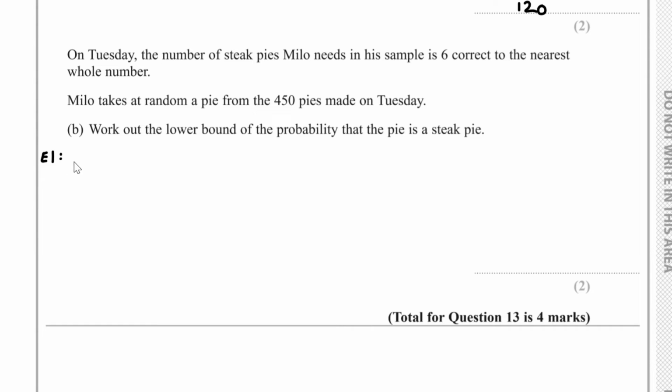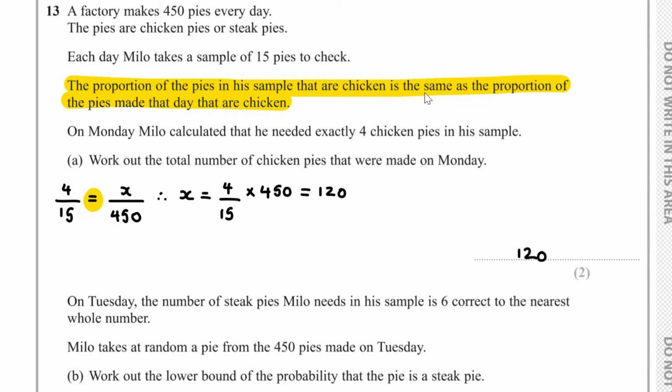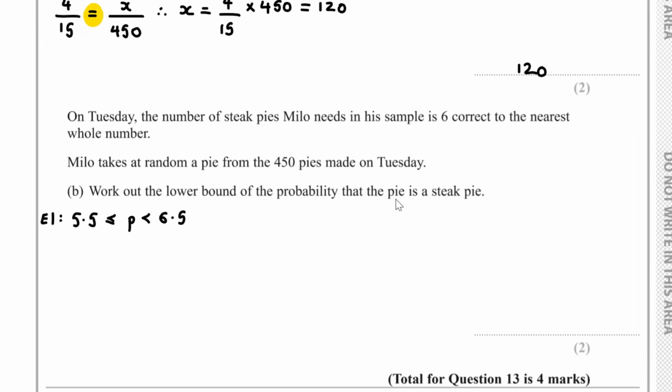For the error interval, we've got 5.5, which is less than or equal to p, which is pies, and this is less than 6.5. So if we follow the same strategy as we did before, recognizing that we've got the same proportions, we can find out the number of pies made on Tuesday which are steak.